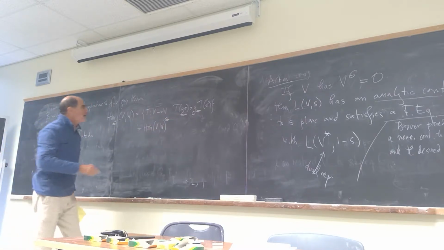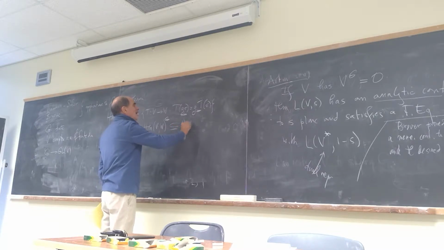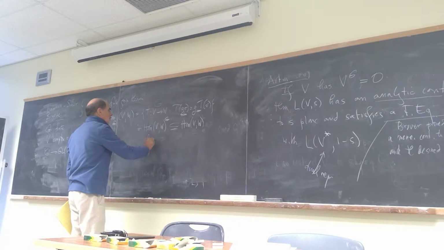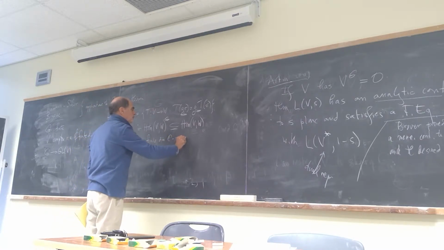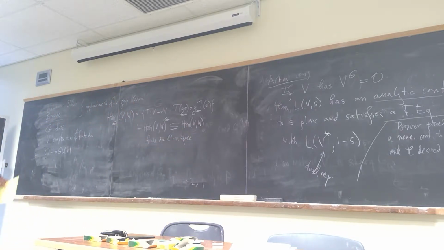So therefore, it's a subspace of the complex vector space Hom(V,W). So it's a finite dimensional C vector space. So for any two representations, you can see if there are any maps between them.